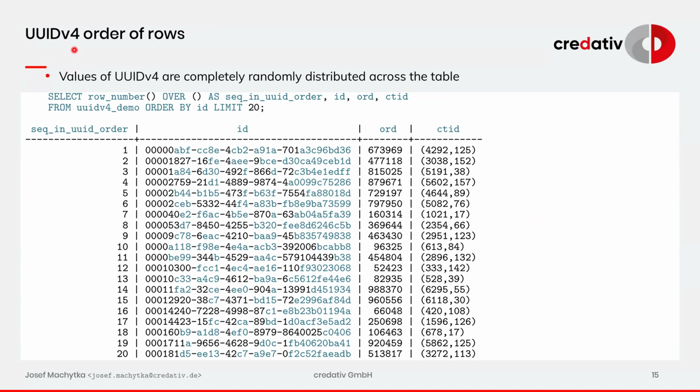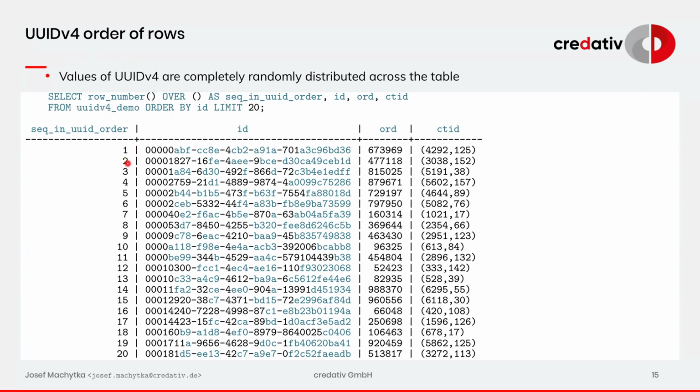UUID version 4 is completely random, so if we try to order the table based on UUID version 4, those values are completely randomly distributed across the table. So here is an example from my test, when I select the first 20 rows ordered by UUID from that table with UUIDs version 4.